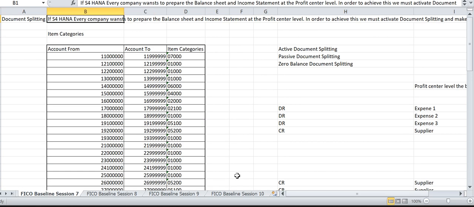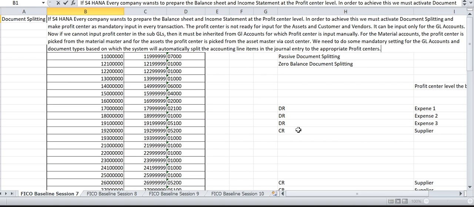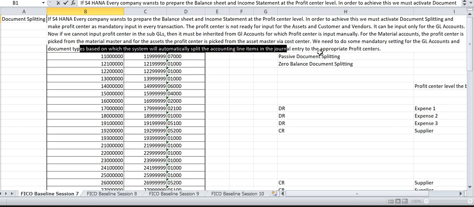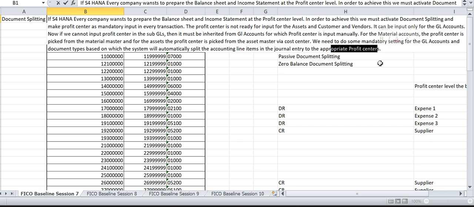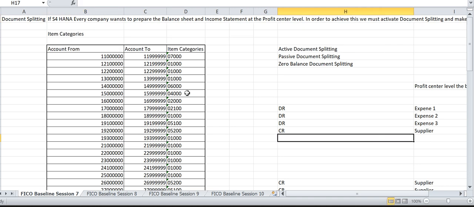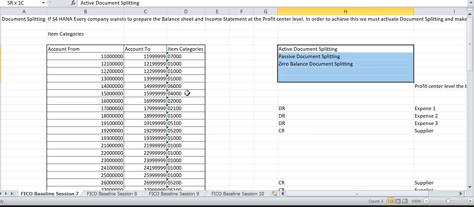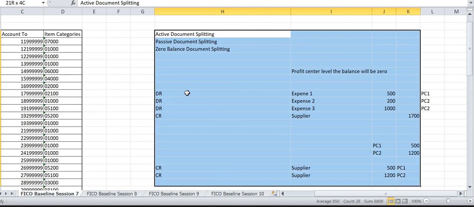Now let's look at the concept. We are now very clear until here on how the profit centers are derived. We need to do some mandatory settings for the GLs and document types on which the system will split the accounting lines in the entry to the appropriate profit centers. Now we will discuss what configuration steps will be needed.